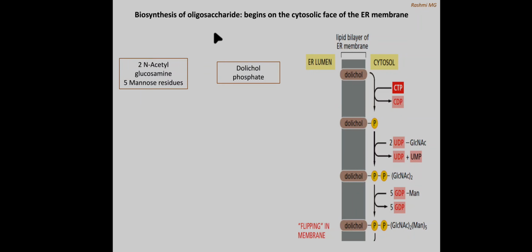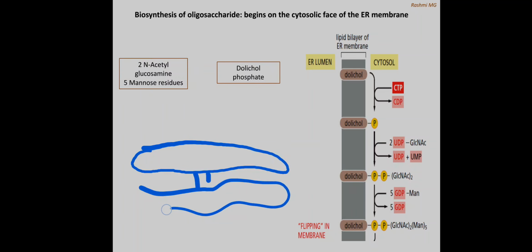Now, the biosynthesis of the oligosaccharide. Before the attachment of that oligosaccharide, how is this oligosaccharide synthesized? It begins in the cytosolic phase. You can see this is the cytosolic phase. This is the lumen. Imagine this as the membrane present like this with some attachment.